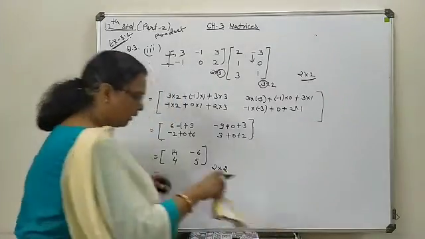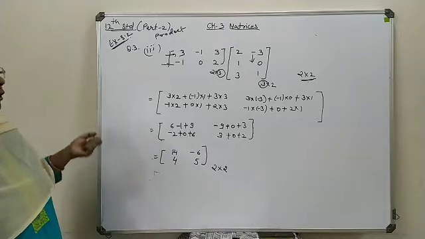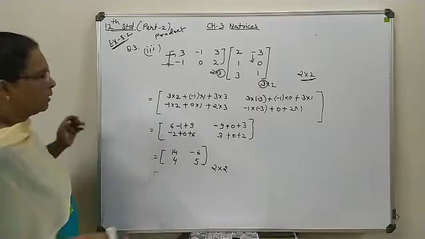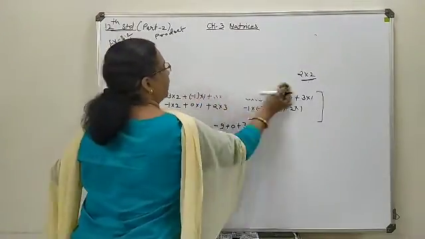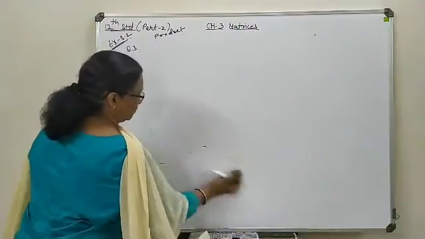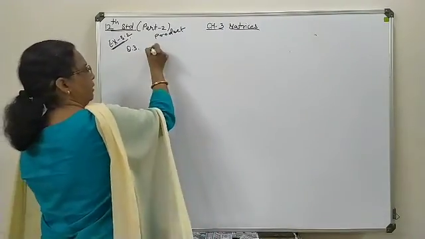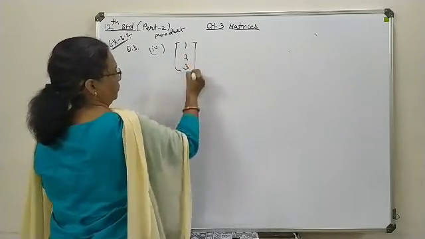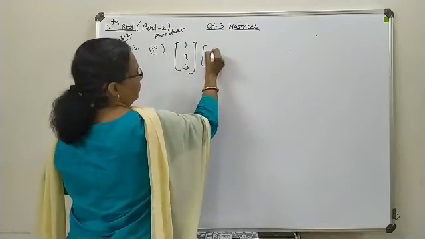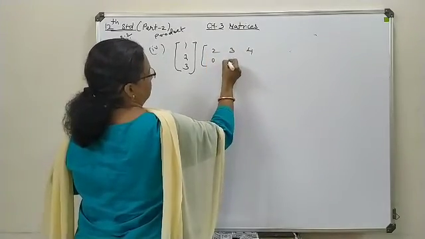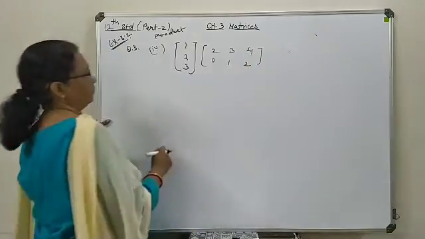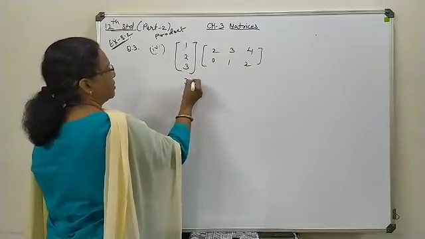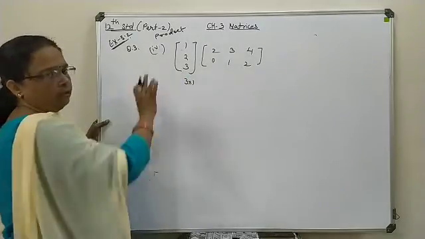Now one example we are writing in which the order is not met, so the multiplication cannot be performed. Suppose we have a combination like this one. Here you can see the order of the first matrix is 3 cross 1: 3 rows, 1 column.